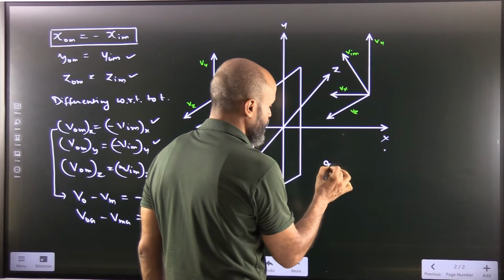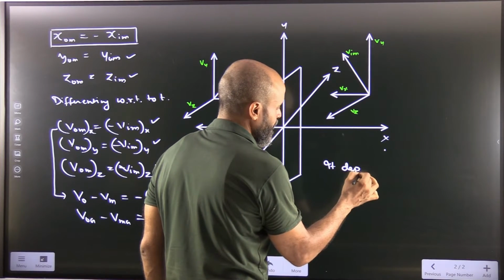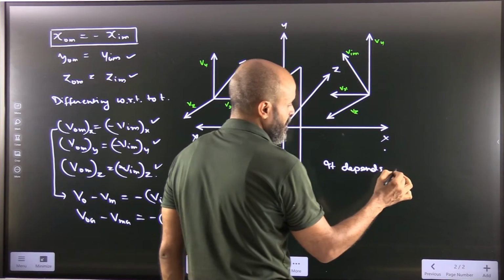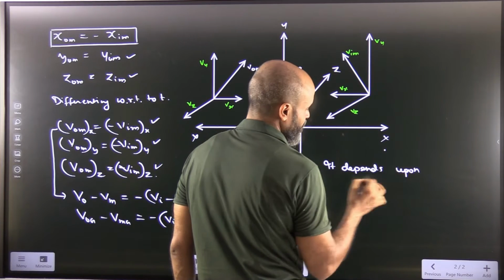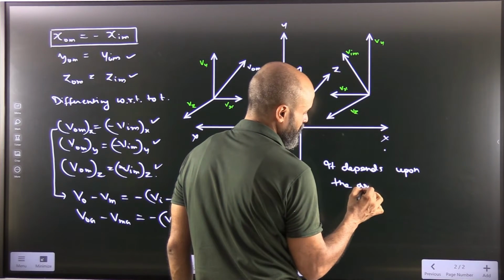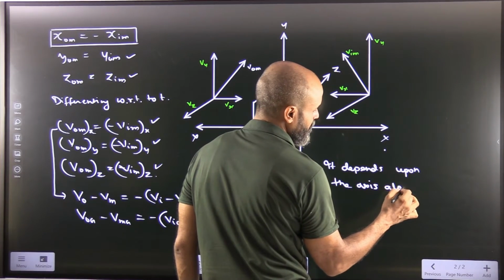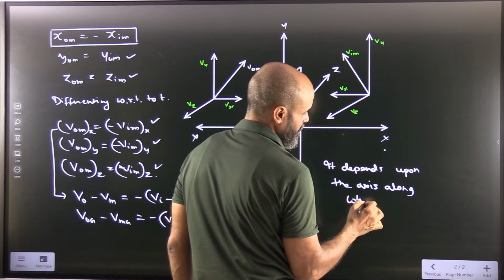The calculation depends upon the axis along which the mirror is kept.